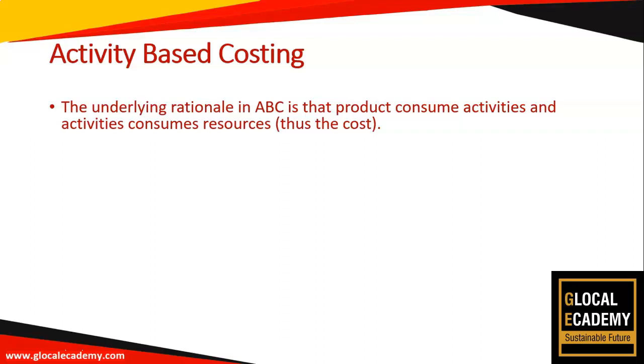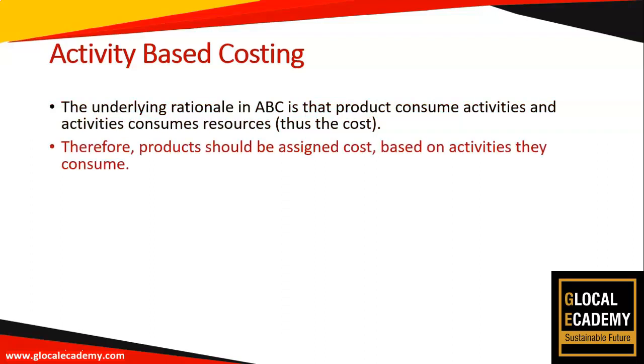Activity-based costing believes that activities incur the cost and products consume the activities. So there is an indirect link between the product and the cost, and that indirect link is the activity, and that's the reason the concept is named activity-based costing.